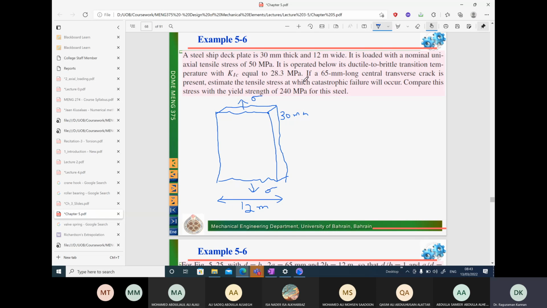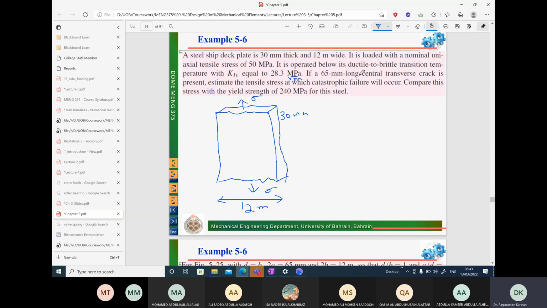It's a tensile stress. It is operating below its ductile to brittle transition temperature. That means the material is brittle, and the KIC value is given as 28.3 megapascal root meter. There should be a unit root meter here.